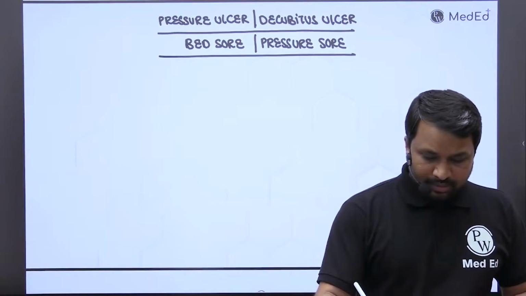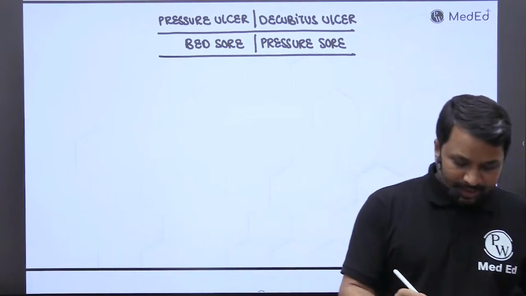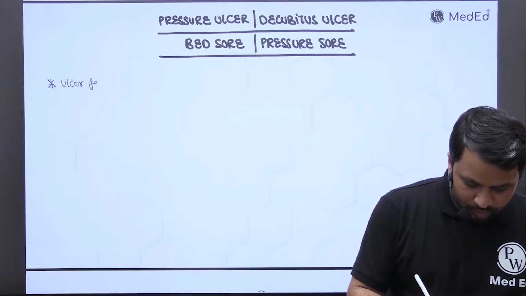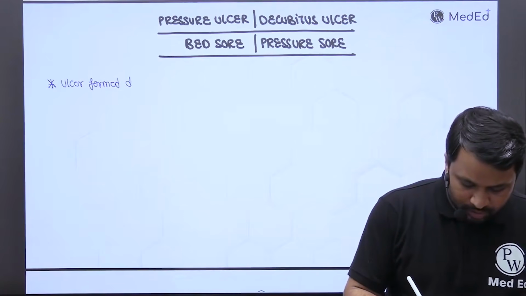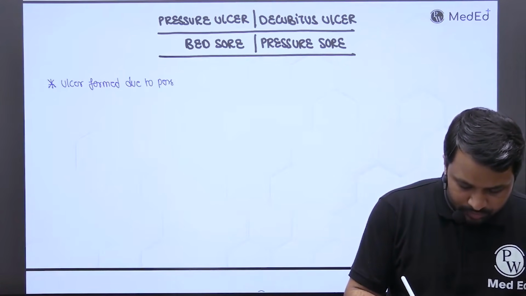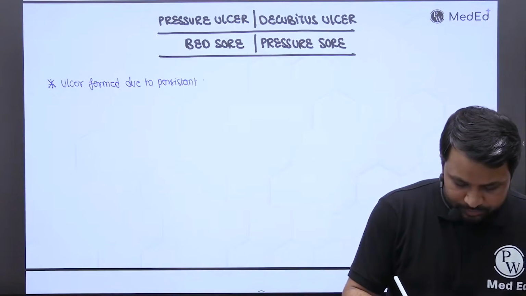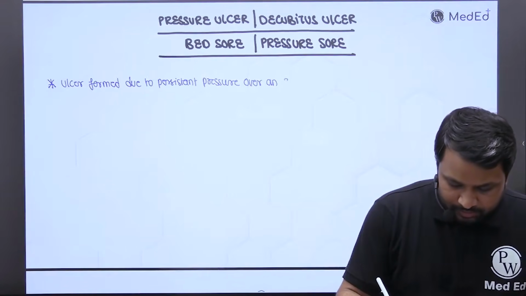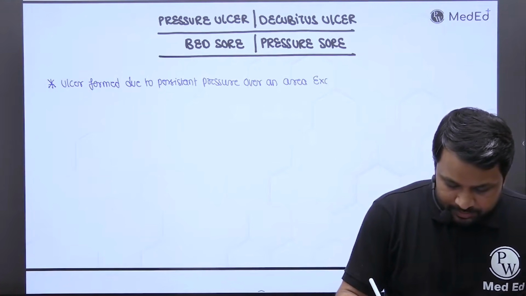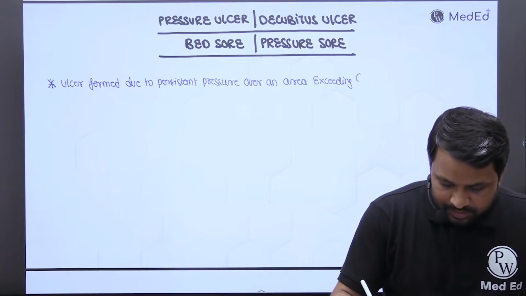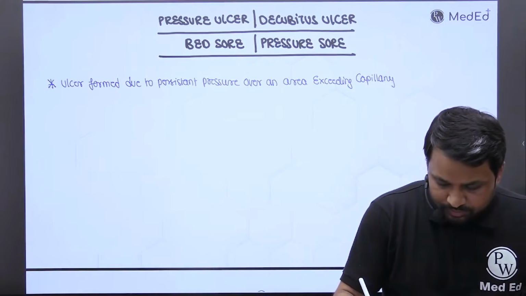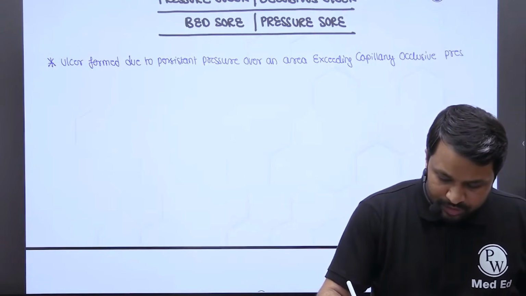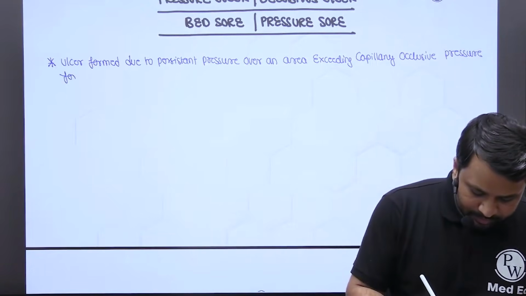Now, what are the different things that are determined here? The first one is the definition of a pressure ulcer. It is an ulcer formed due to persistent pressure over an area exceeding capillary occlusive pressure for a significant time.